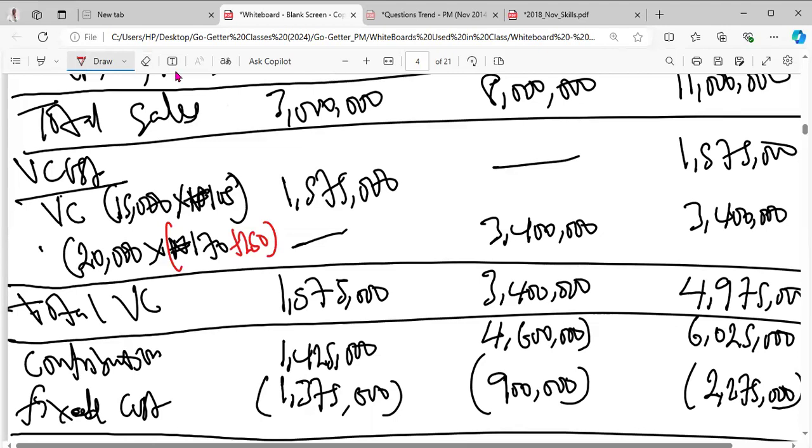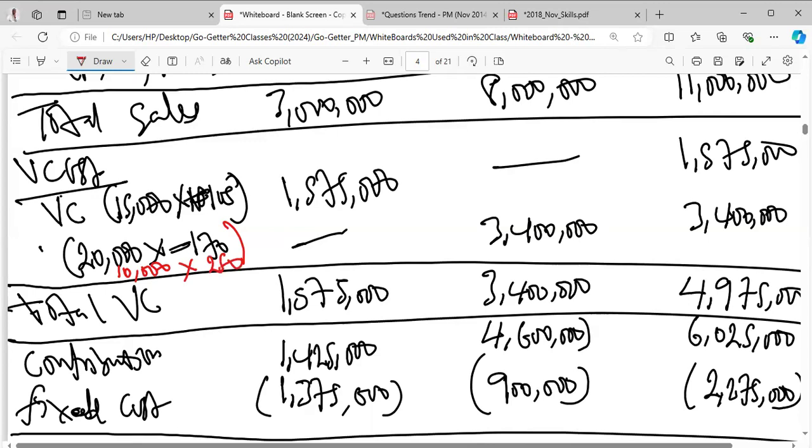Okay, no, it's not going to be that way. We are supposed to have added 10,000 times 250.